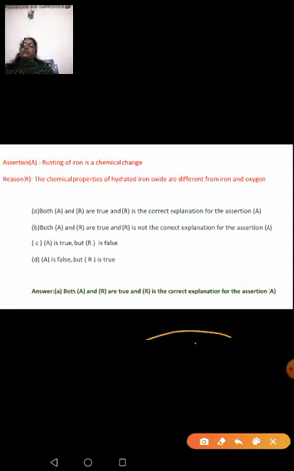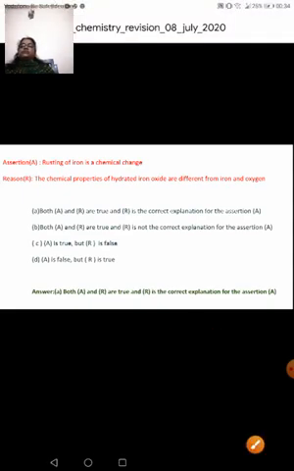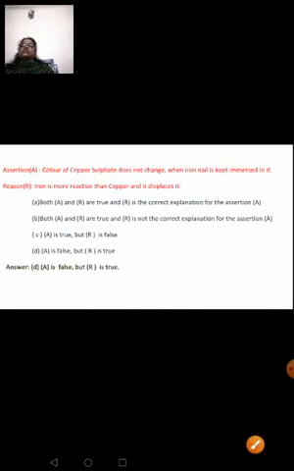Next, I have given you one more example. See here, assertion: color of copper sulfate does not change when iron nail is kept immersed in it. Reason: iron is more reactive than copper and it displaces it. Reason is true. Iron is more reactive than copper.